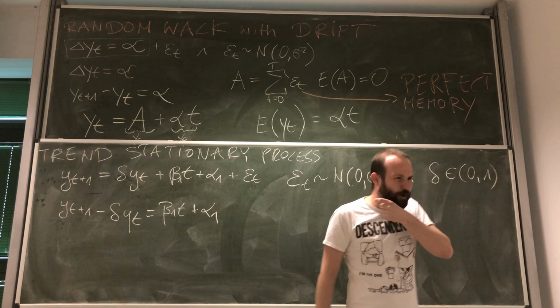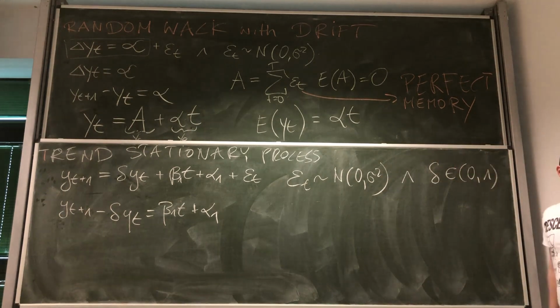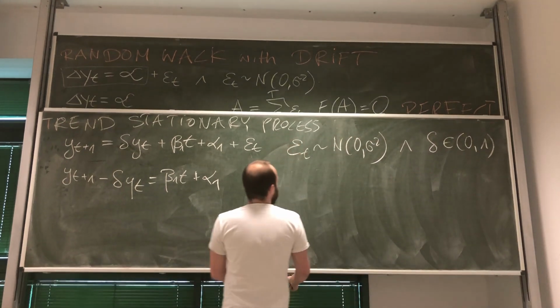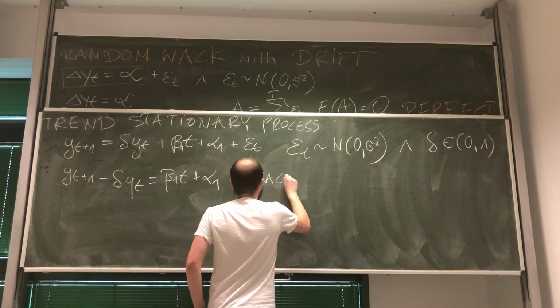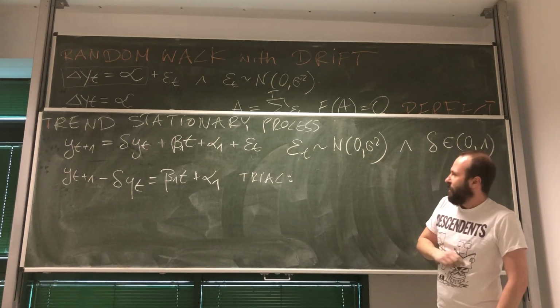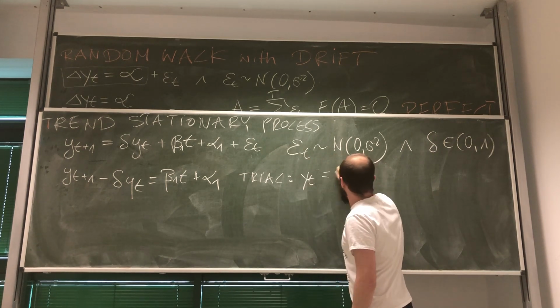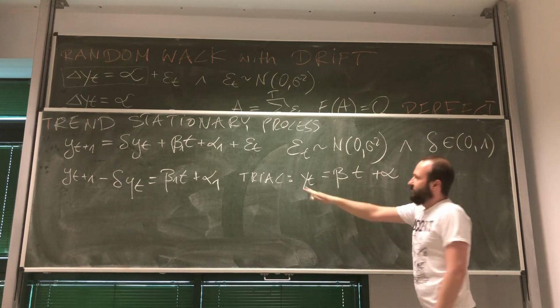Well, in order to solve it, what we are going to need is the method of undetermined coefficients. But look, in this case, the trial solution is very easy, right? You definitely try something in the form beta t plus alpha, right?